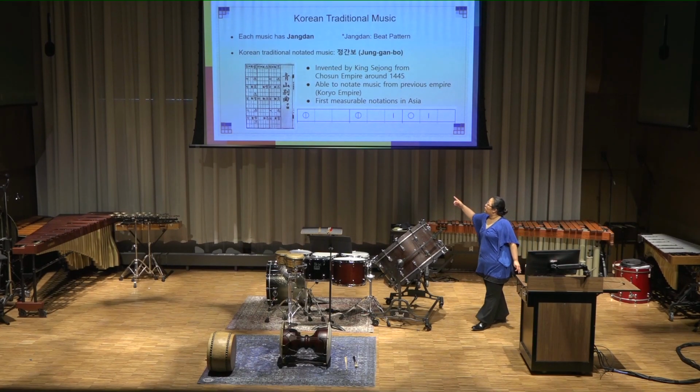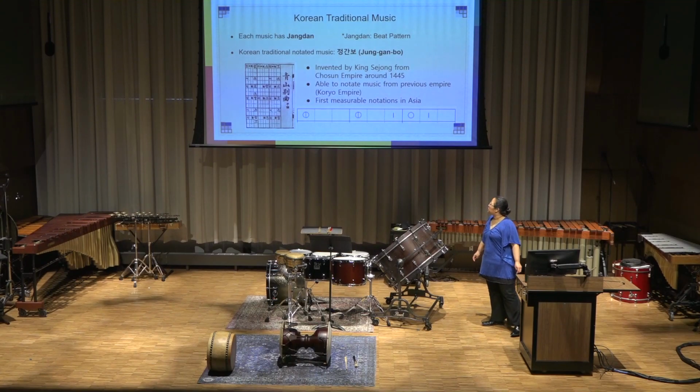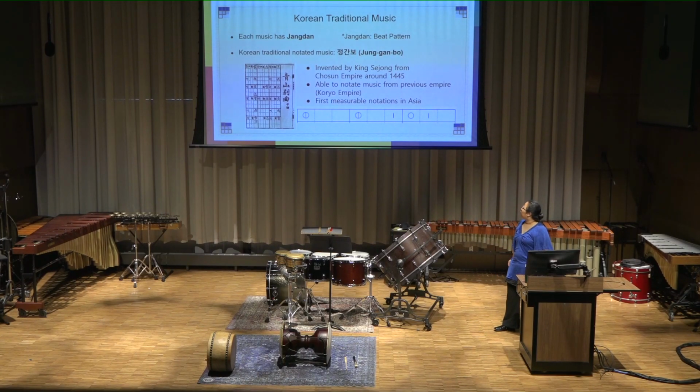It's mixed with some Chinese letters and Korean letters. It was invented by King Sejong in 1445. King Sejong is also the person who invented Korean characters as a language. And this was the very first measurable notation in Asia.